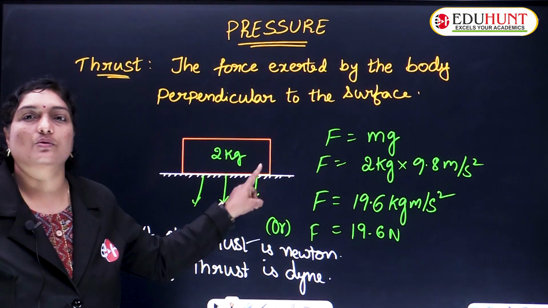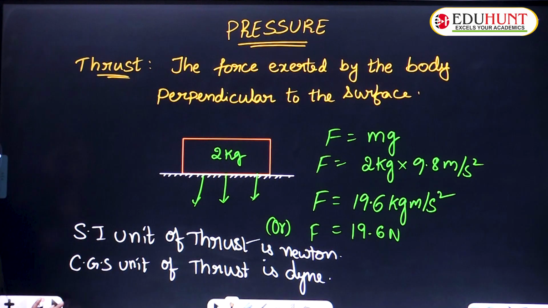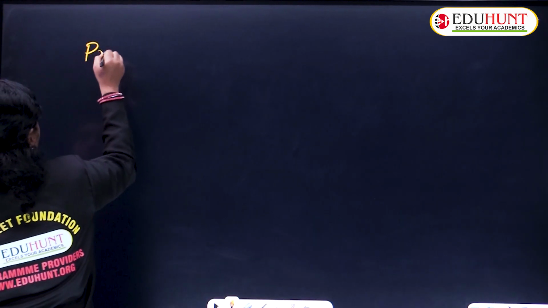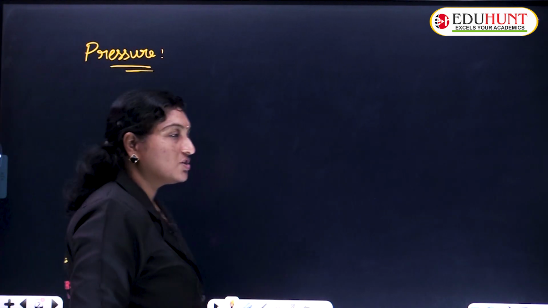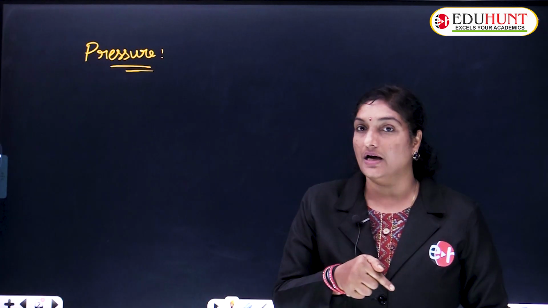Now let us try to understand in detail regarding pressure. So here we go with pressure. What is pressure, children? Pressure is a scalar quantity, even though thrust is a vector quantity.